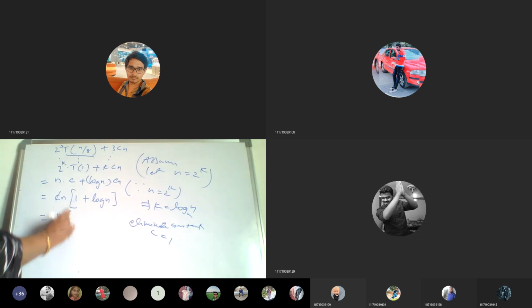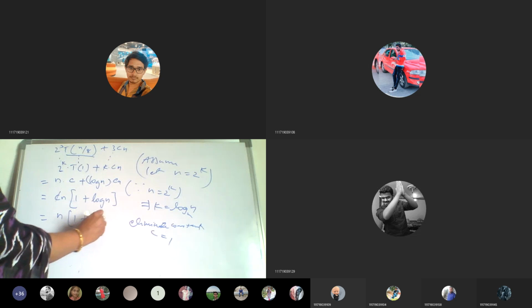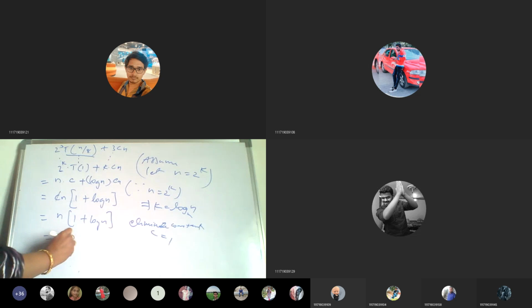Then it will become n into 1 plus log n, and when you expand, n plus n log n. Whichever term is bigger, that we write: O of n log n. Okay, so this is the time complexity for merge sort.